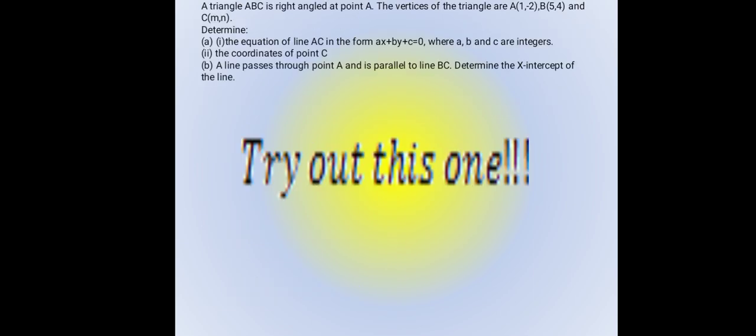Now, a triangle ABC is right angled at point A. The vertices of the triangle are A (1, -2), B (5, 4), and C (m, n).